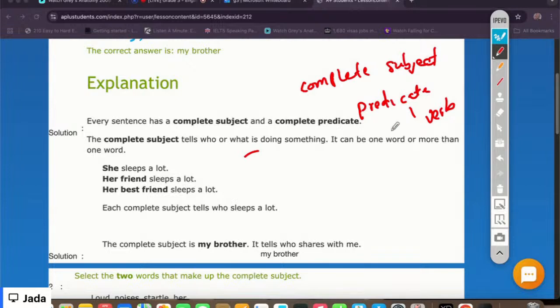It can be one word or more than one word. Just like over here, we have some examples.